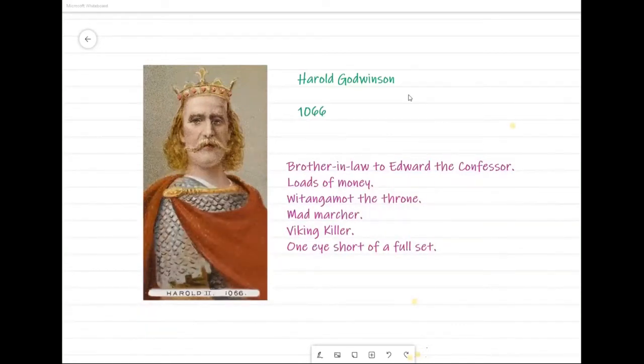Now, one of those people is the king of Norway, Harald Hardrada. Now, this gets a bit strange, but before Edward the Confessor, the dead king, becomes king, he promises the Vikings, the Norwegians, that they can be king of England after him, because he's taken over from a line of Viking kings already.